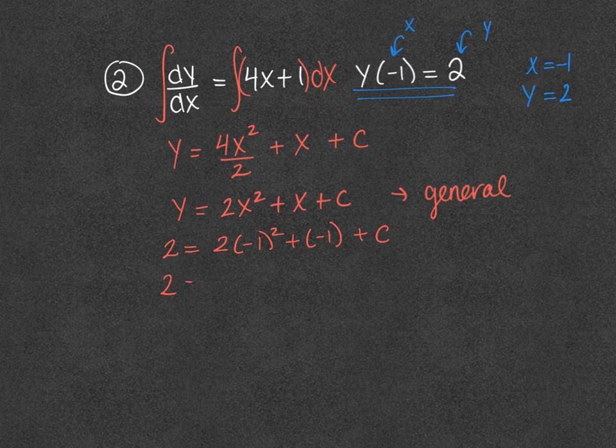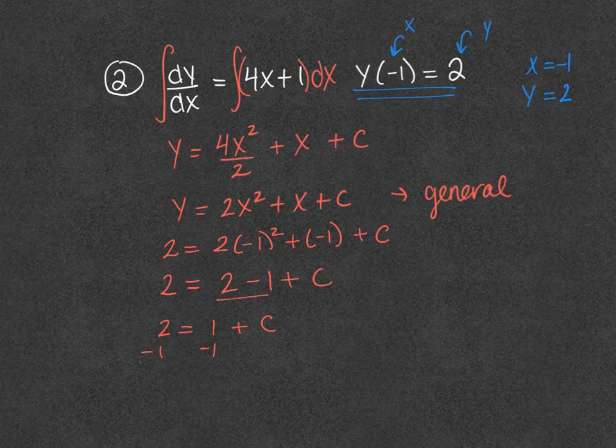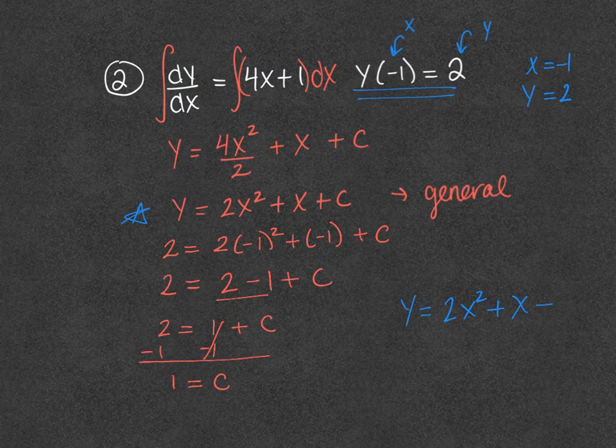So we get 2 equals 2 minus 1 plus c. 2 minus 1 is 1, plus c, and then minus 1 on both sides, and you should have gotten 1 is equal to c. Now we're going to take this general equation and make it specific. So y equals 2x squared plus x, and now plus that c value, which is 1. And that's the answer that you should have gotten.